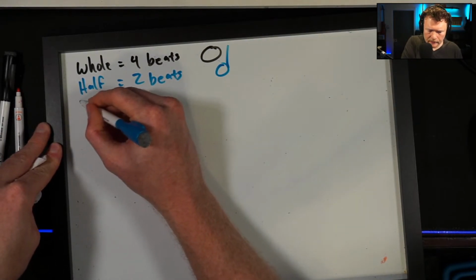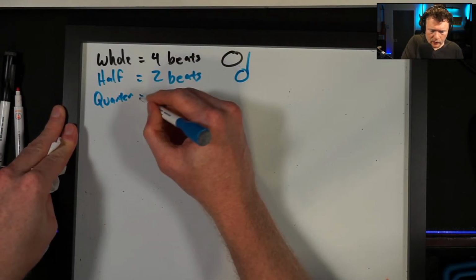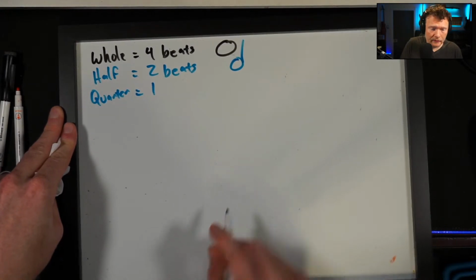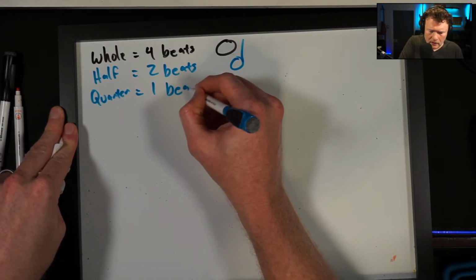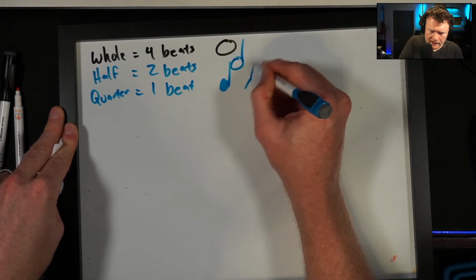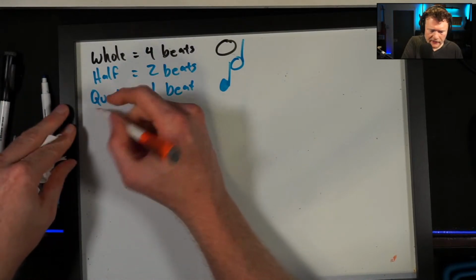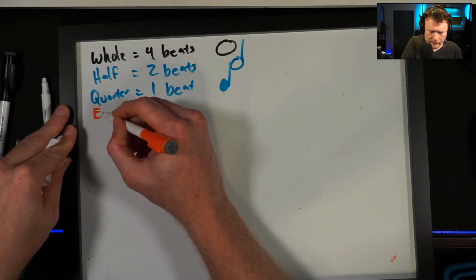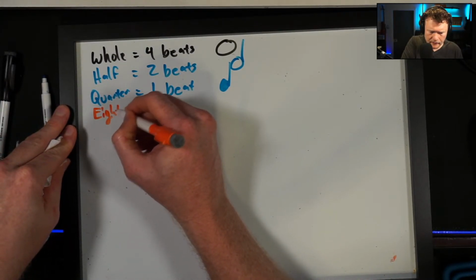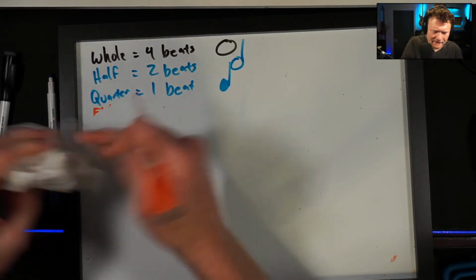Our quarter note is going to be worth 1 beat. And it's going to look like this, or, like I said, the slash. Our eighth note. I did not spell that right. Sorry.